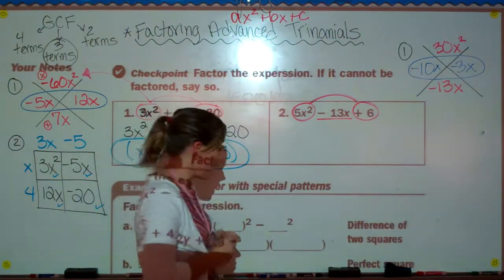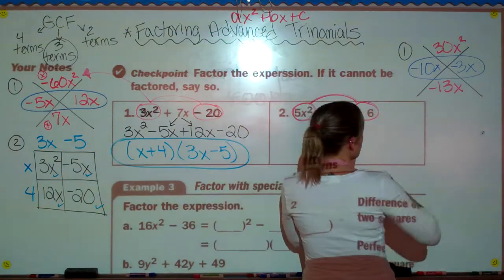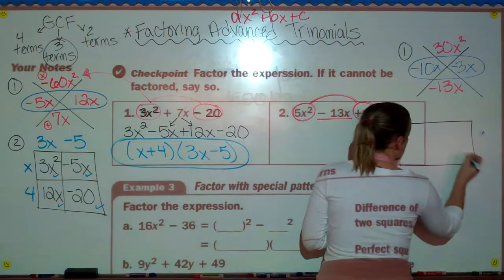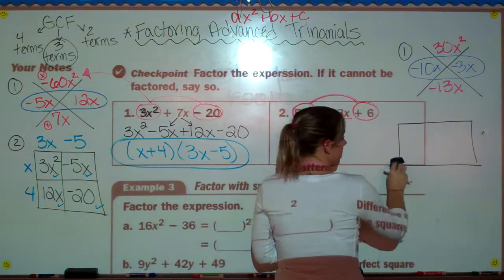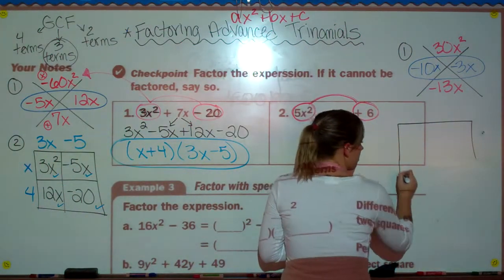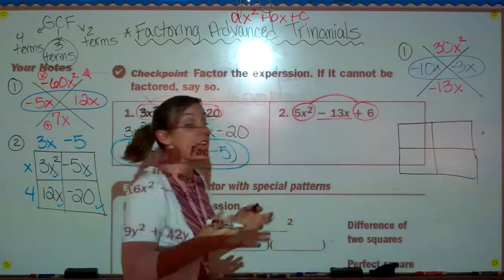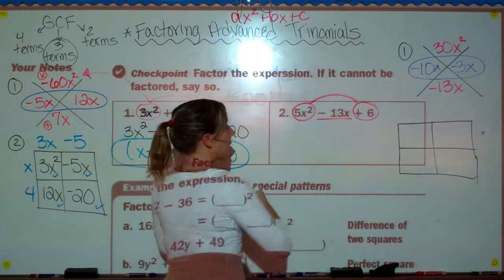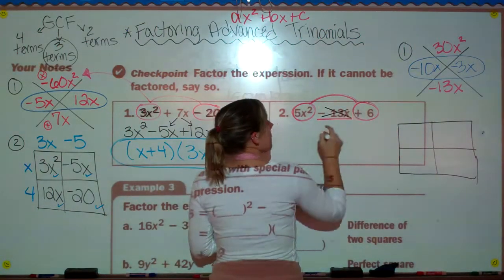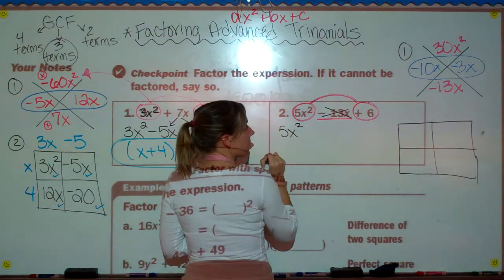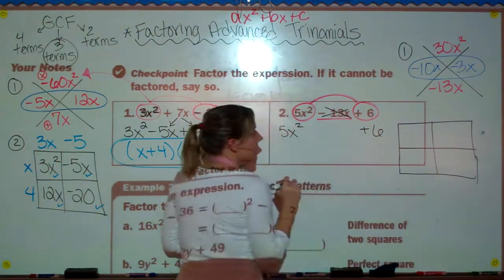Okay, I take that pair and I take it to the box. So let me just make a box down here. Now remember, I want to go inside the box. So instead of negative 13x, the beginning is 5x squared. The end is a positive 6.